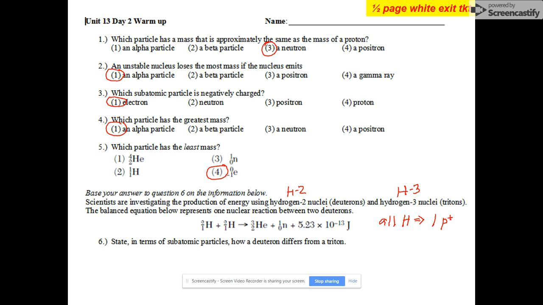But H2 has a mass of 2, so H2 has 1 neutron. H3 has 2 neutrons. Okay, so there we go. That's how a deuteron differs from a triton, and we answered it in terms of subatomic particles.